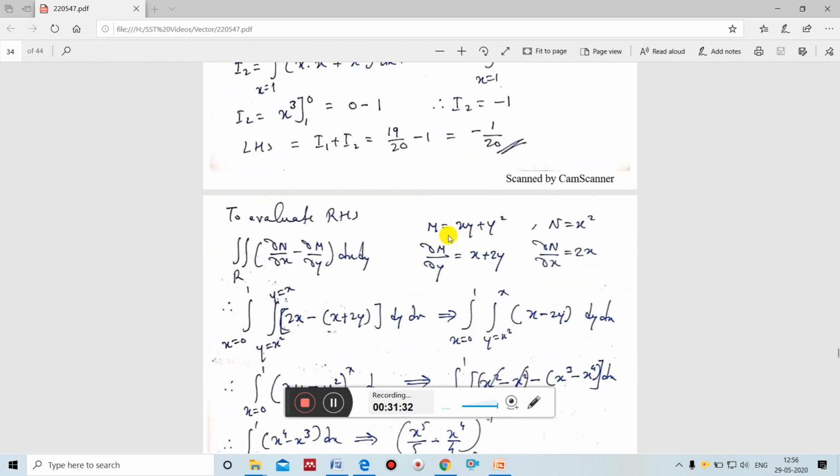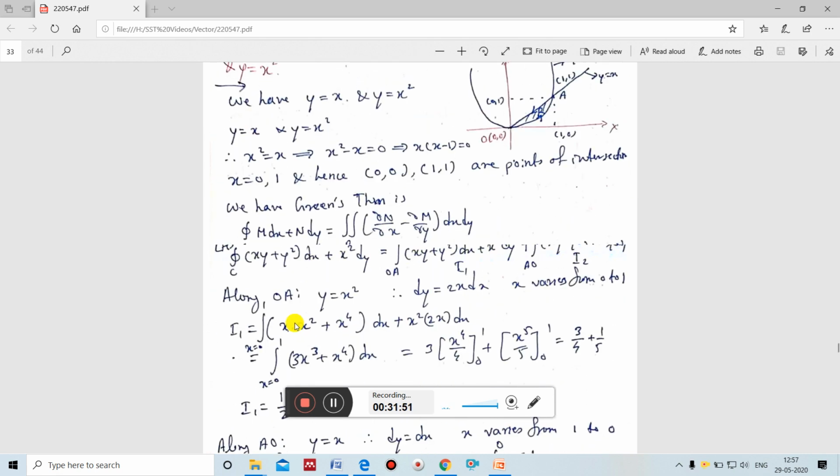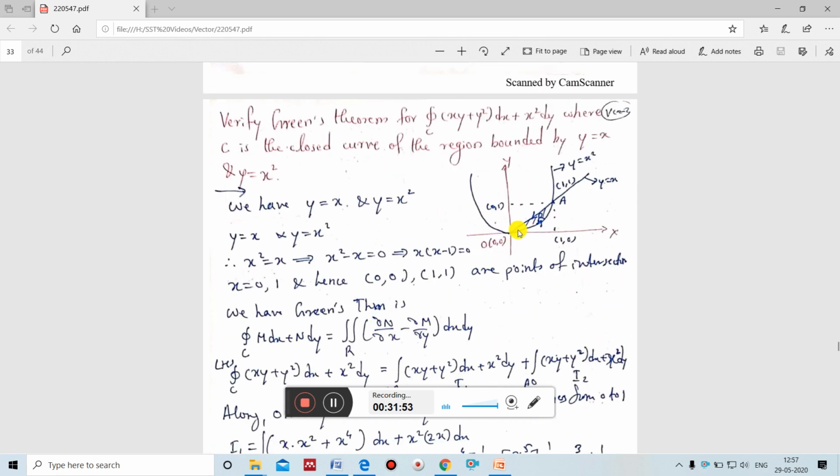Then differentiate partially with respect to y: the derivative of xy is x, and of y² is 2y. Then with respect to x, the derivative of x² is 2x. Substituting the values in the RHS, we get the double integral over the region bounded by the curves y = x² and y = x.